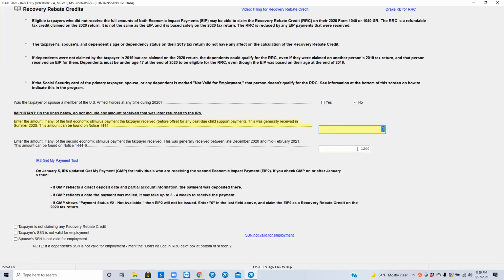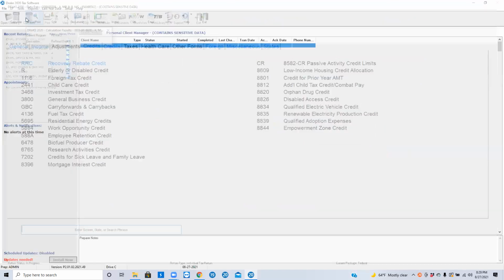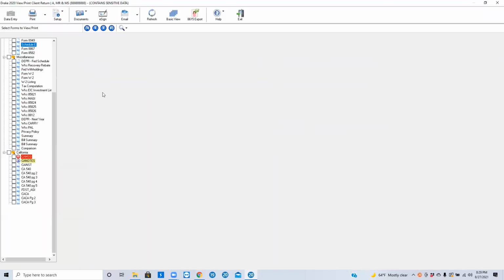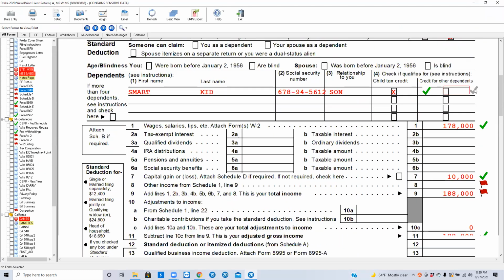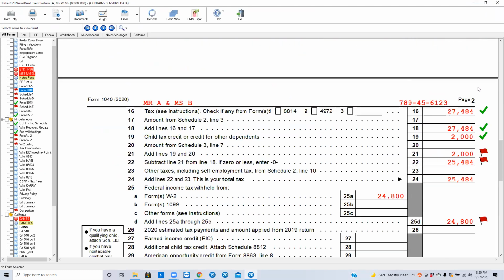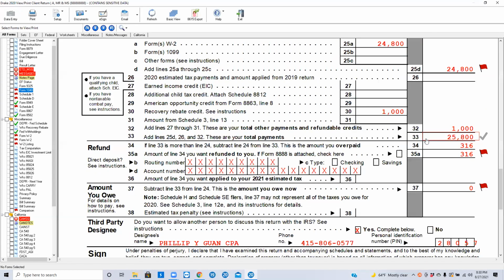The second one they do get, because the income dropped and they qualify, because the first one was based on 2018 income. So in this situation, they only get this. So that's why they get a credit. Because of this credit, they end up with a little bit of refund. You see that? It ends up a little bit of refund.